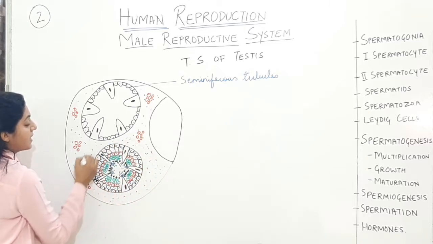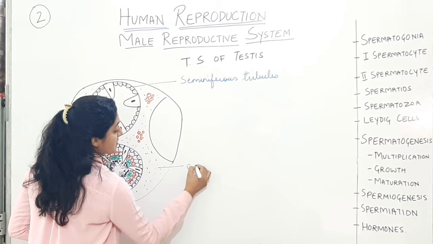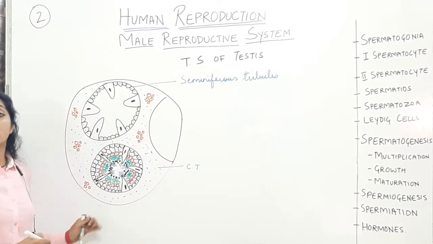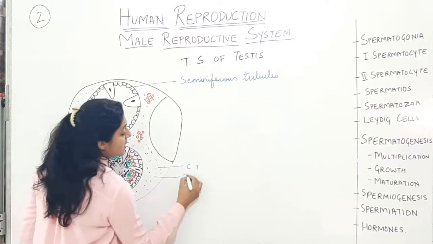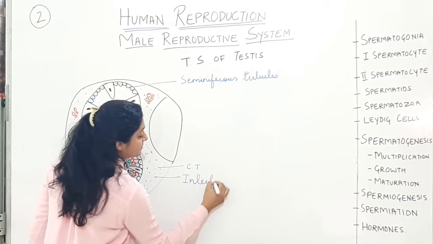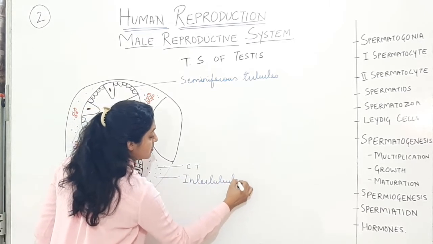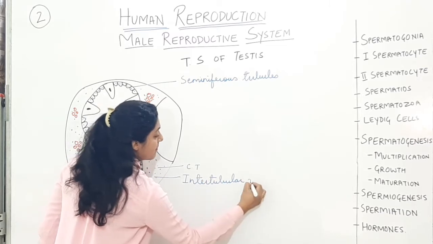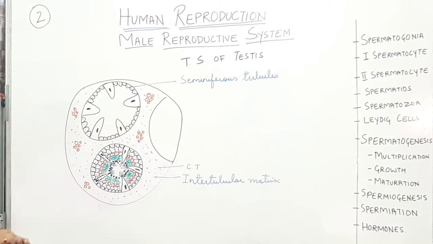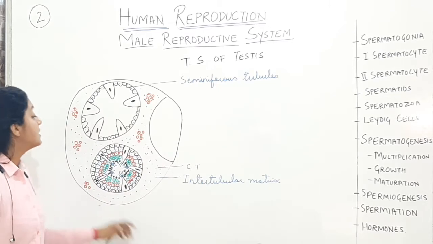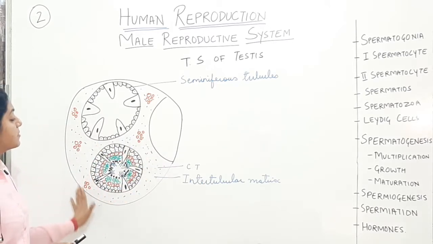Okay, this is going to be the connective tissue now between the tubules. So this will be the intertubular area. This will be the intertubular matrix. That is the connective tissue over there. All right. This is going to be the intertubular matrix.